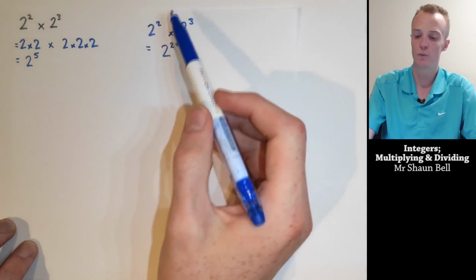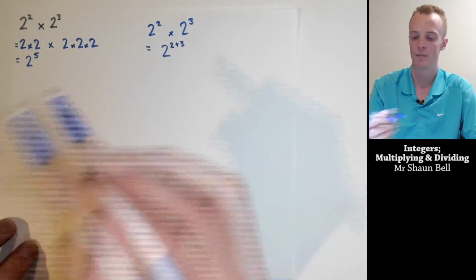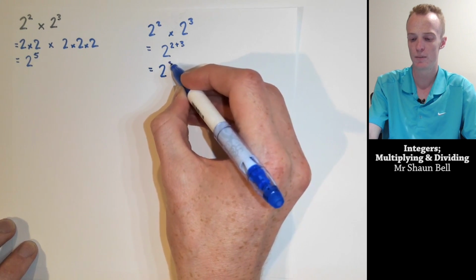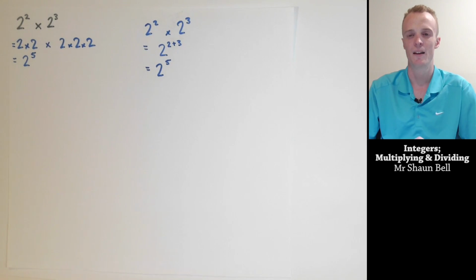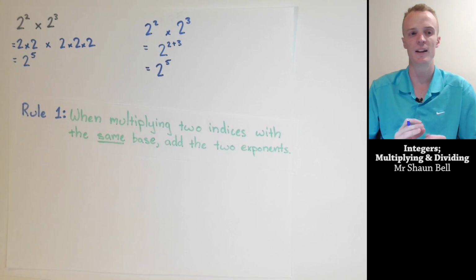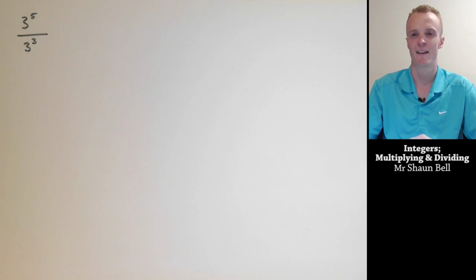The power will be equal to the 2 powers here added together. So this statement simplifies to 2 to the power of 5. Which brings us to our first rule. If we multiply two indices with the same base, we keep that base and we add the two exponents together.